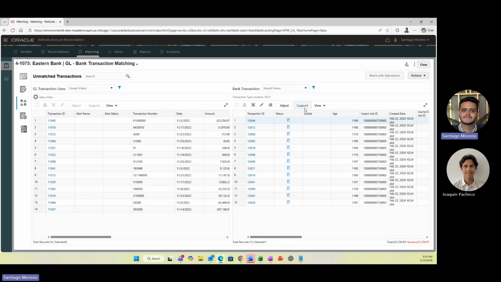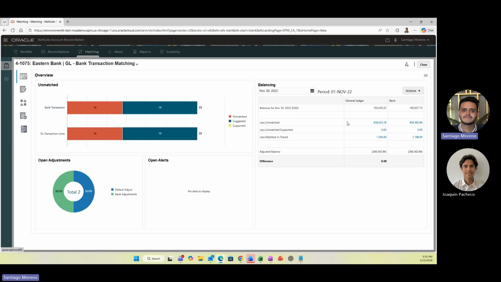If there's a specific transaction that you know what is happening to, you can always support it. So at least you register that there is a pending action item on NetSuite in order for us to get rid of it. That's the whole thing. All the changes that we're applying right now are going to impact this less unmatched and less matched in transit.